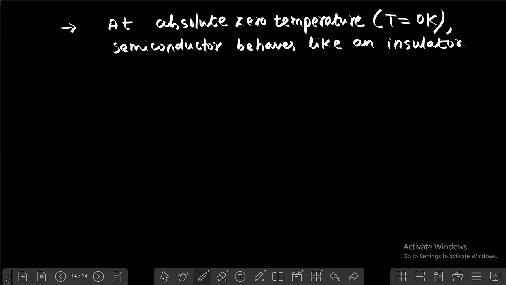Please go to your place. At absolute zero temperature, semiconductor behaves like what? An insulator. Yes or no?